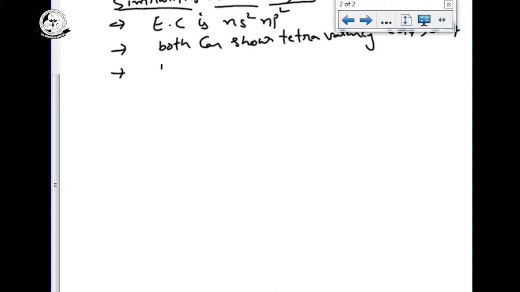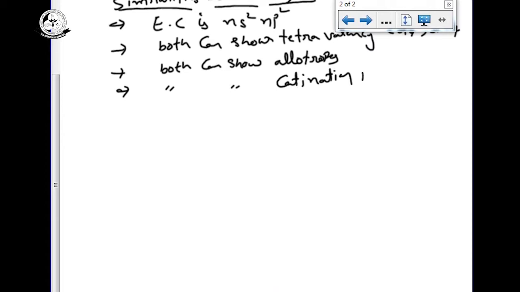Both can show allotropes. Both can show catenation capacity. Remaining elements cannot show the catenation property. Carbon and silicon only can show the catenation property. Out of those two, carbon has more catenation capacity than silicon.